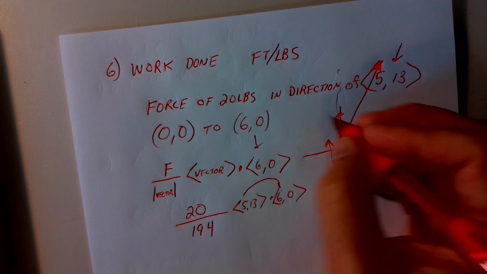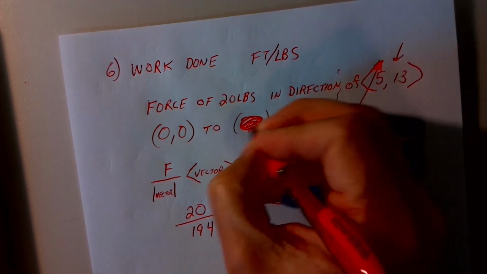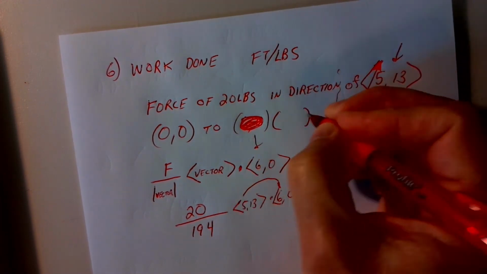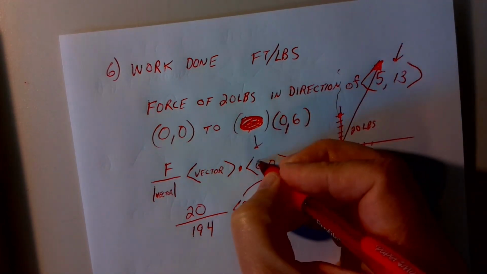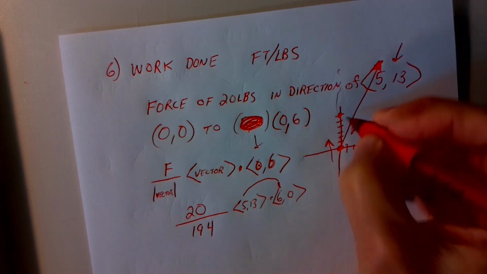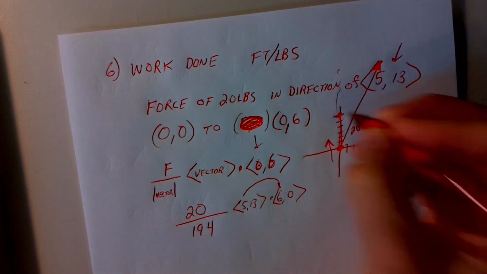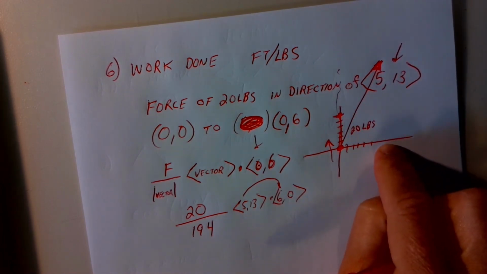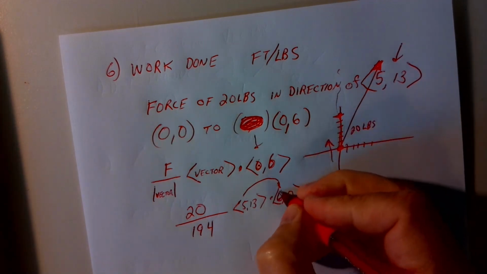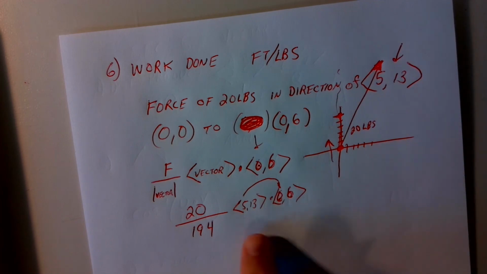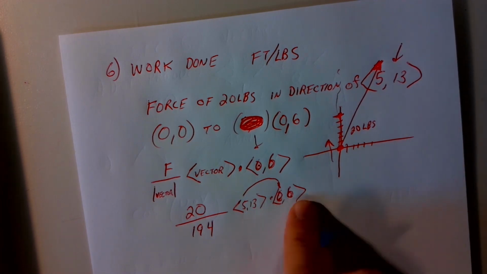I so wrote that down wrong back there. If you saw this, my apologies, I'm doing this without the example. This is from 0 to 6, because I drew the picture with this going straight up instead of pushing it straight to the right. So let's do it going straight up, which means that's got to be 0 and that's got to be 6.